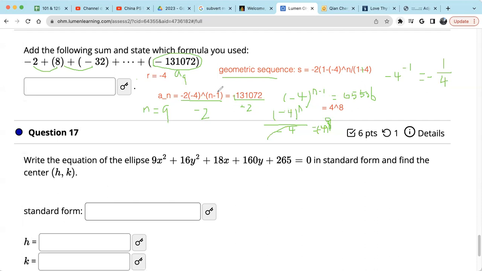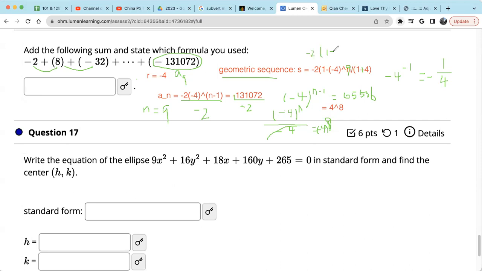Okay, now we just plug in n equals 9. So n is here, n is here, n is 9. So we have negative 4 raised to 9 divided by 1 plus 4, which is 5. So let's do this calculation. We have negative 2 times 1 minus negative 4 raised to 9, because 4 raised to 8 is 65,536.